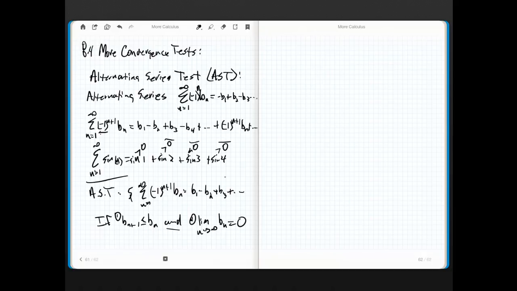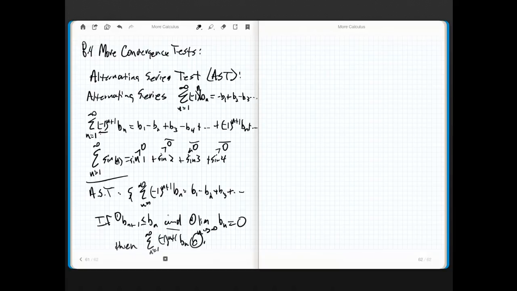Both of these assumptions absolutely have to be satisfied. If they're not, we're screwed. Then the sum as n goes from 1 to infinity of negative 1 to the n plus 1 b sub n converges. Period. So look at how powerful that is.